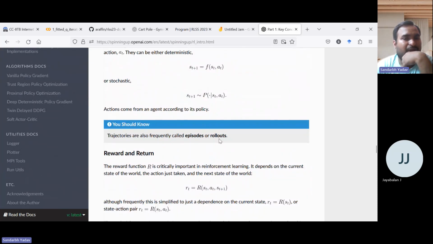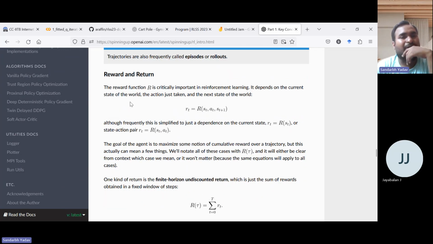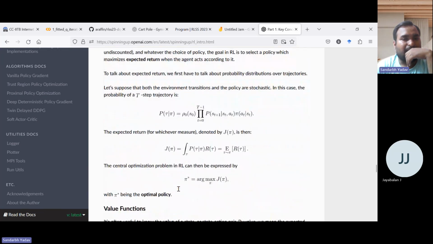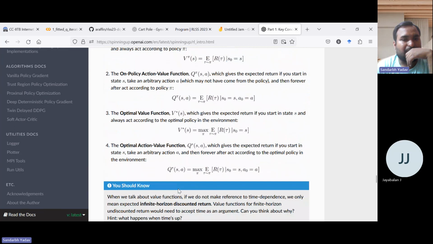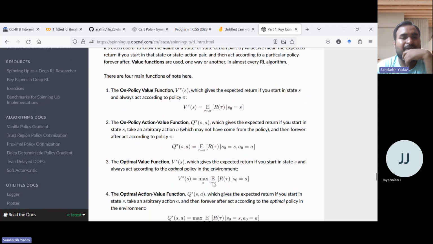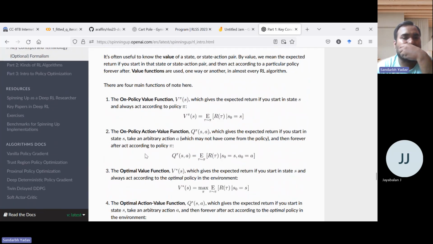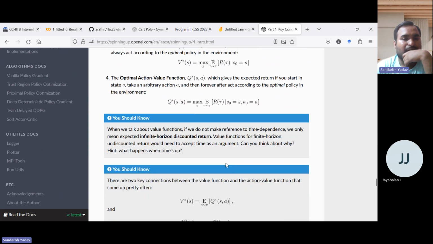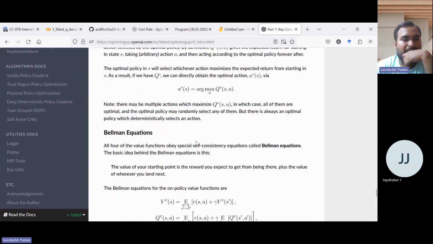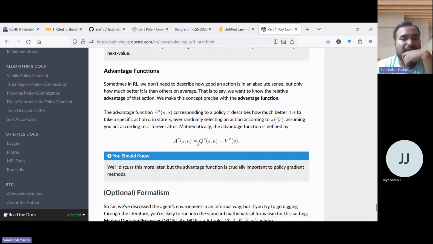So trajectories are also known as episodes. This is a brief on RL terminology: reward and returns, and the RL problem, also value functions. You can have these different kinds of action values: on policy, off policy, optimal, Bellman equations. So all those details are here.